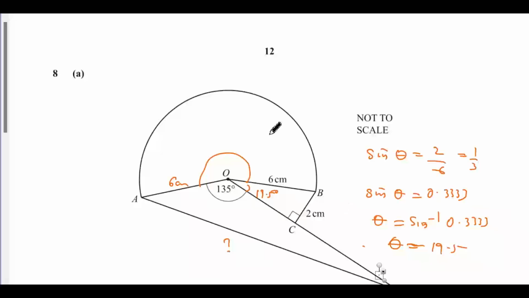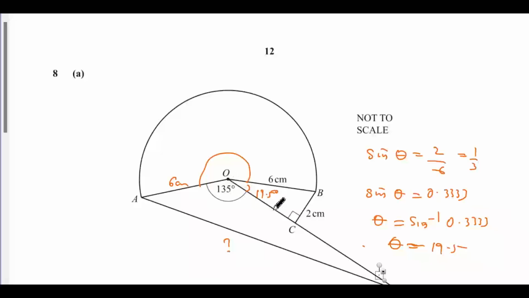We've already found the area of the major sector, so we need to find the area of triangles OBC and AOD. The area of triangle OBC will be base times height divided by 2.